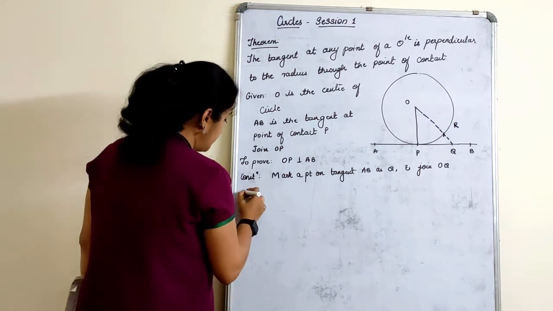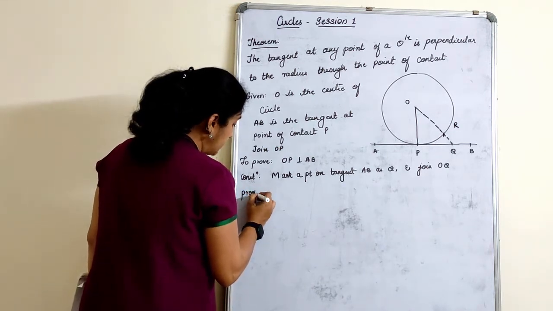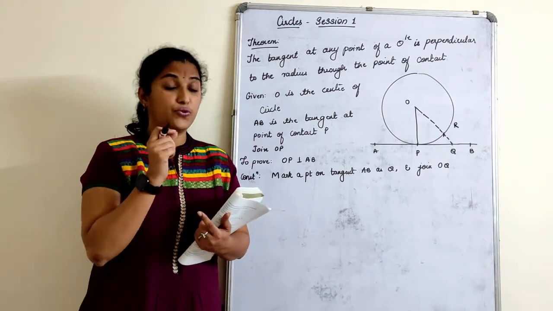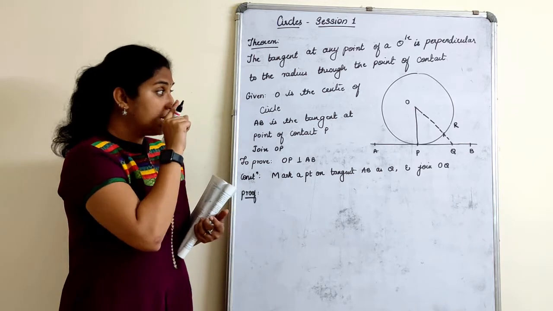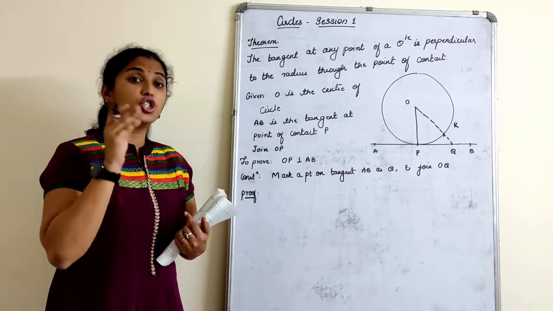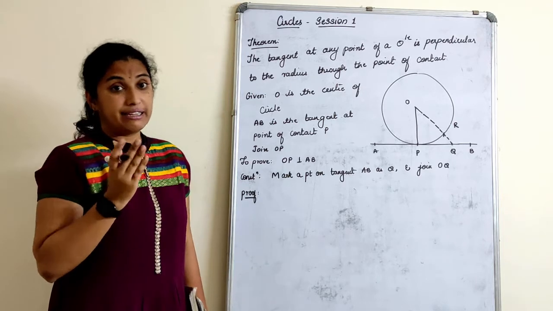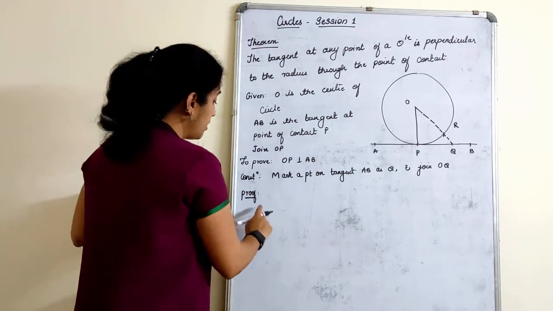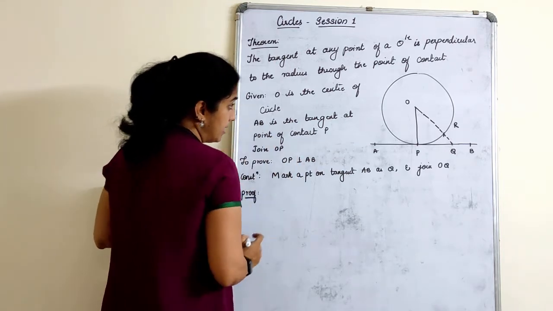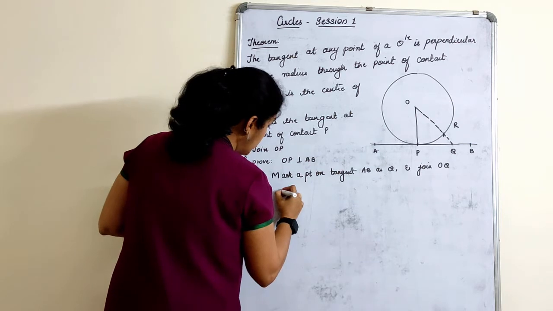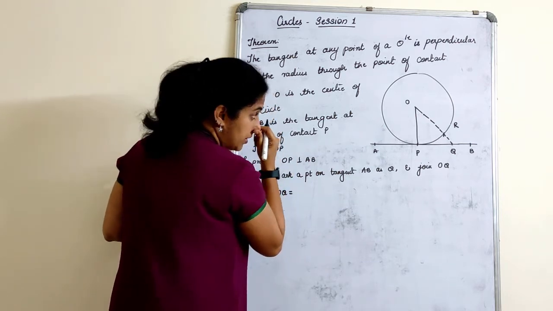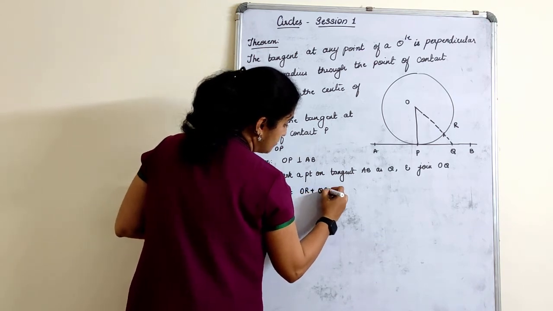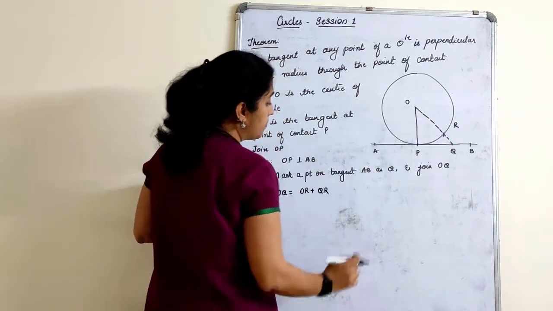Okay? Proof. Do you remember in chapter Triangles in 9th standard, we had an exercise on inequalities. There you had a question to prove that the perpendicular is the shortest distance, the shortest side in a given right angle triangle, right? It is something same related to this. So in proof we will start that OQ is equal to OR plus QR.